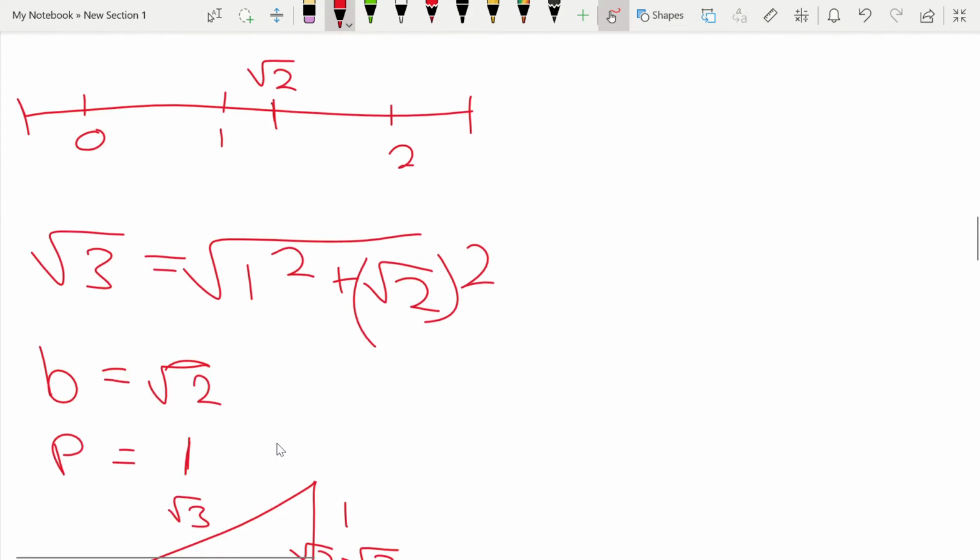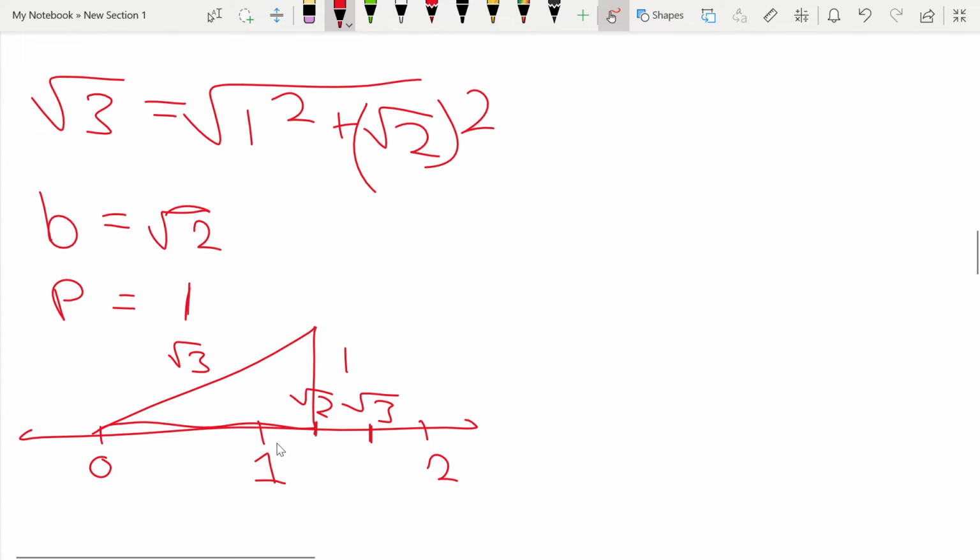Now what if you have under root 3? Under root 3 is equal to under root of 1 plus 2, right? So if you have under root 1 square plus under root 2 square, what is under root 2 square going to be? Basically 2. So 1 square plus 2.